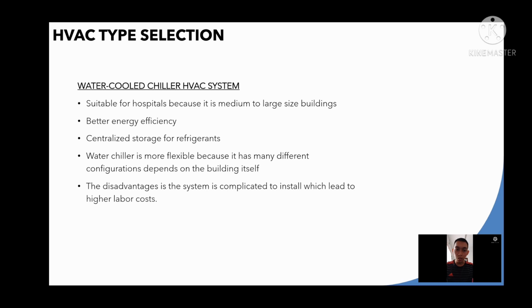The next one is that the water chiller is more flexible because it has many different configurations depending on the building itself. This explains how flexible the water-cooled chiller HVAC system is.